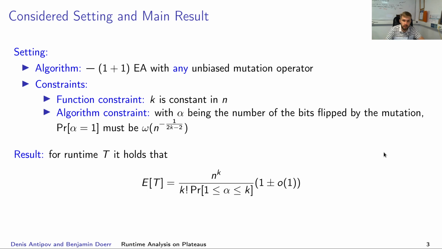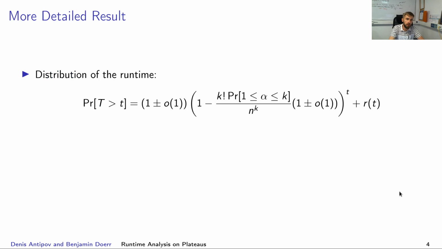In this setting, we got the result that the expected runtime is exactly n choose k divided by k factorial, divided by the probability that we flip between 1 and k bits, multiplied by some factor which is very close to 1. We know that this is an equality because we also got estimates on the distribution of the runtime.